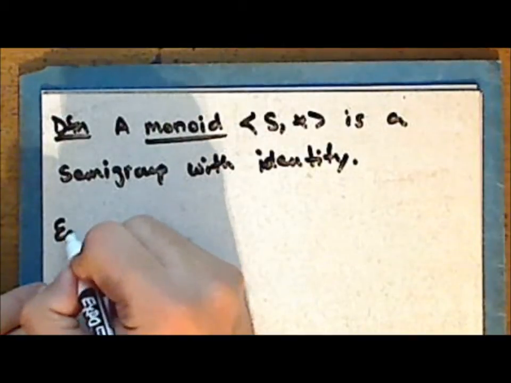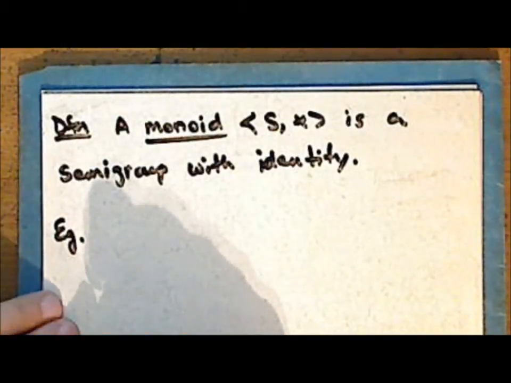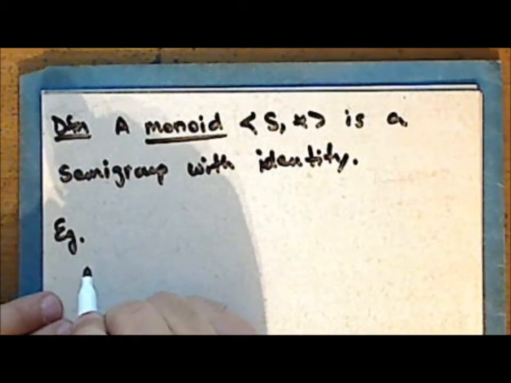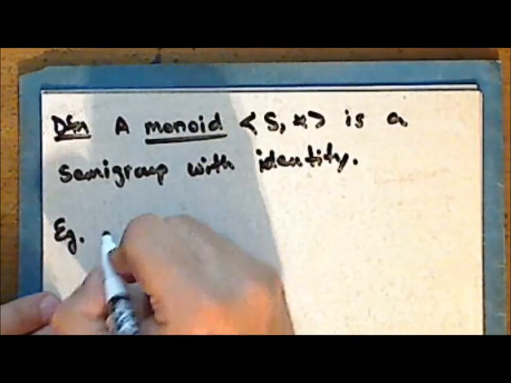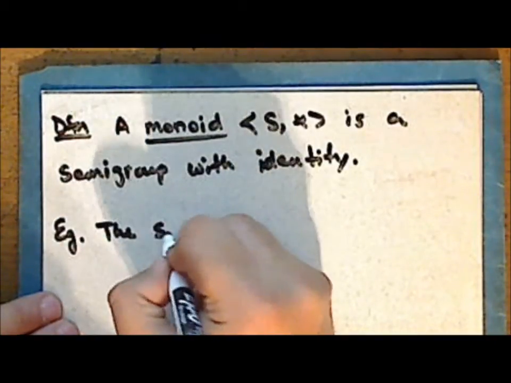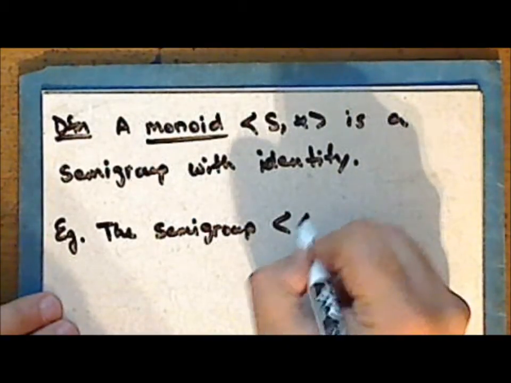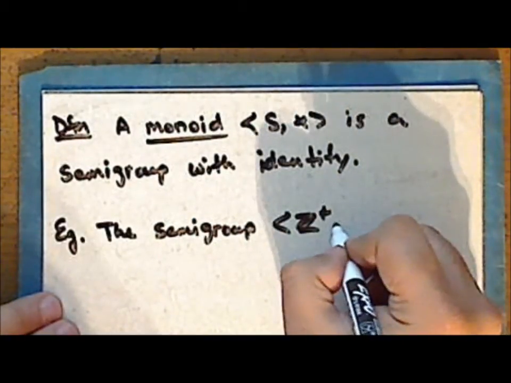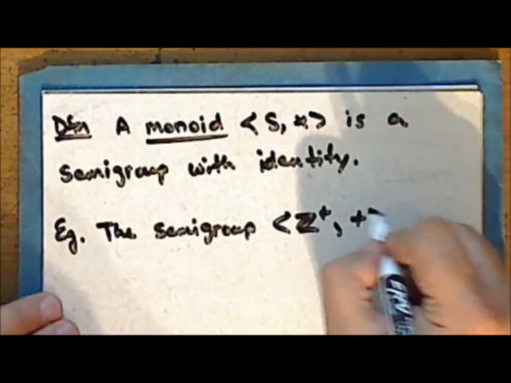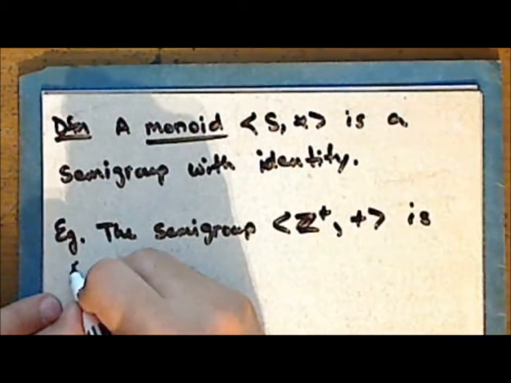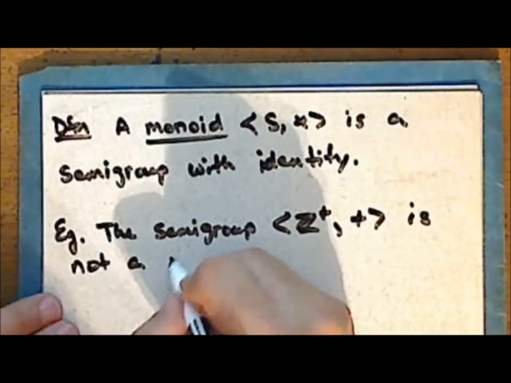So let's look at an example first of a semigroup that is not a monoid. The semigroup consisting of the set of positive integers together with normal addition is not a monoid.